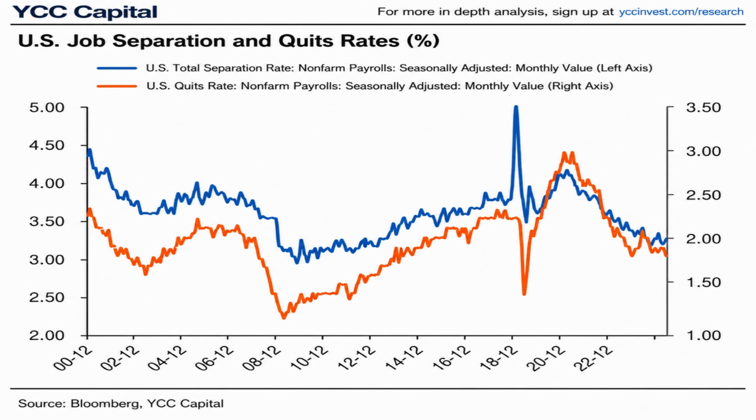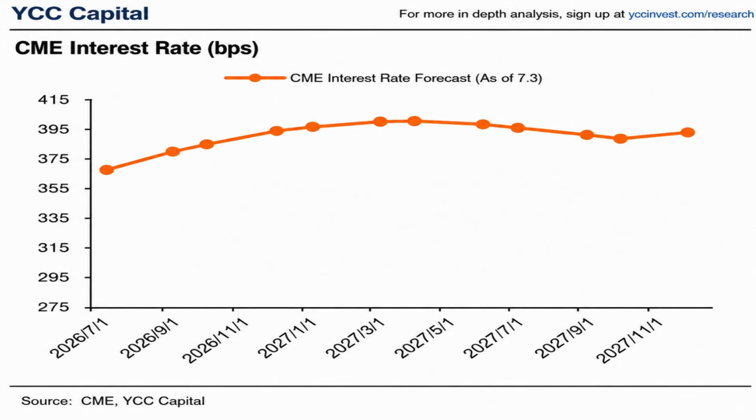Lower voluntary turnover reduces upward wage pressure, which in turn supports continued moderation in service sector inflation, one of the Federal Reserve's primary objectives. Having examined the labor market itself, we can now connect these developments to monetary policy expectations.